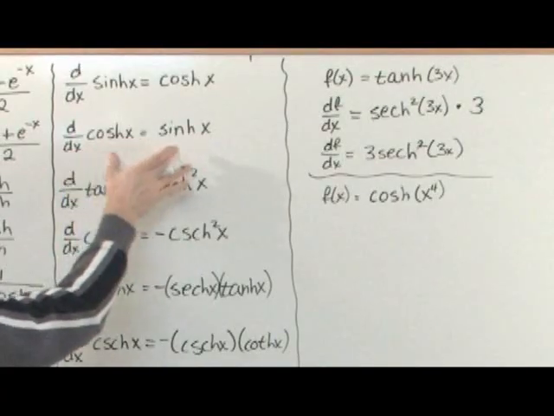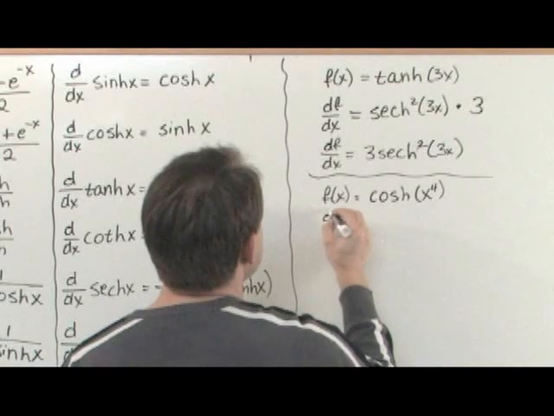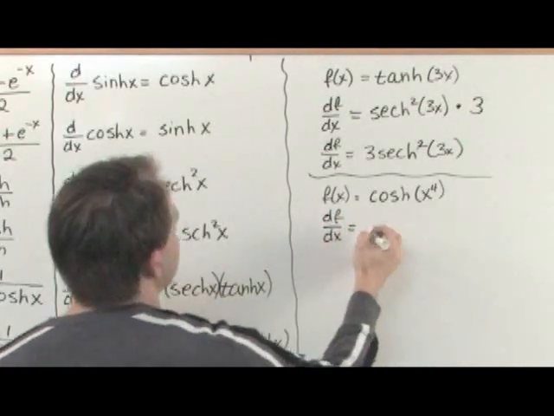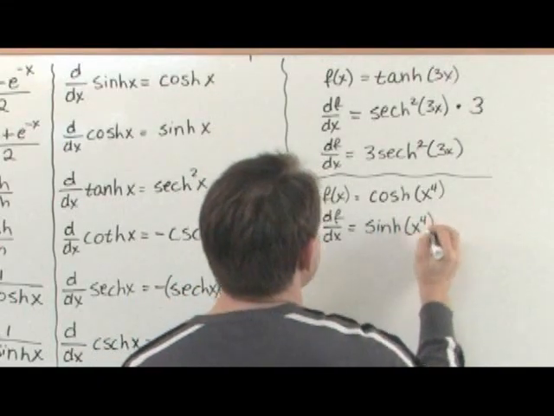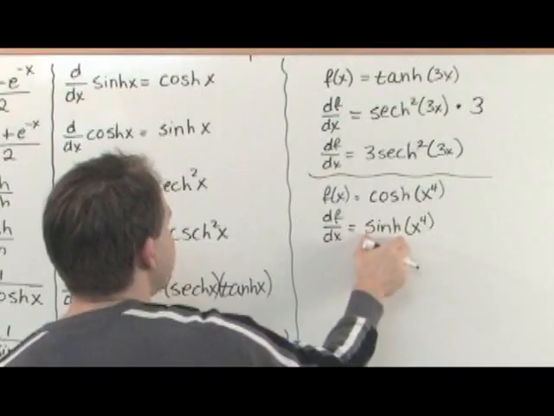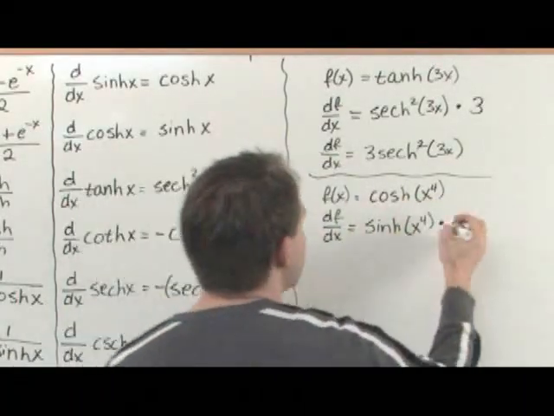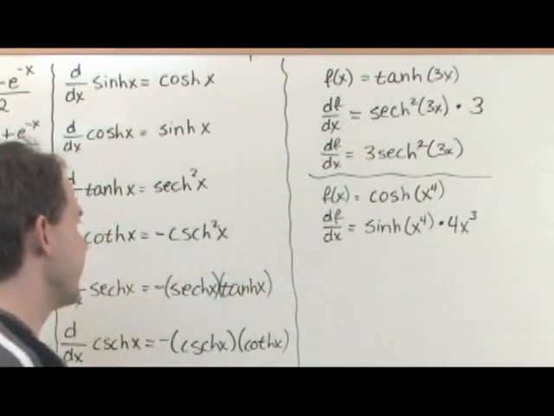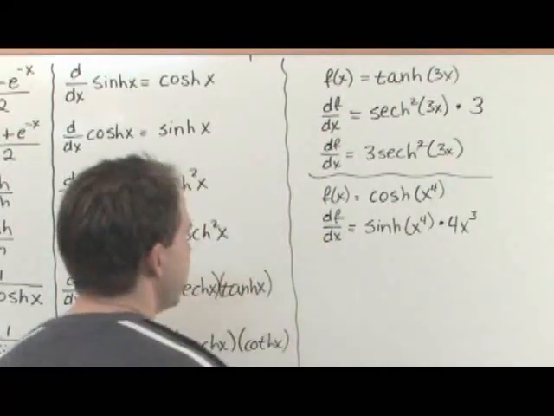The derivative of hyperbolic cosine is simply hyperbolic sine, but my argument's different, so I have to use the chain rule. df/dx is equal to hyperbolic sine of the argument I have, times the derivative of the inside, which is 4x to the 3rd power. That's just your simple calculus 1: the derivative of x to the 4th power is 4 times x to the 3rd, using the exponent rule.